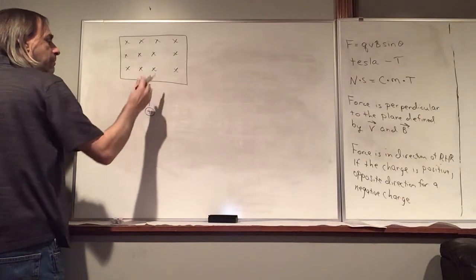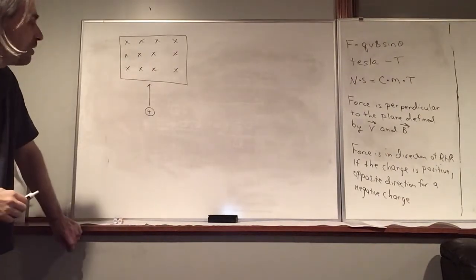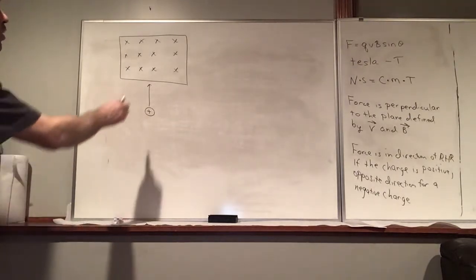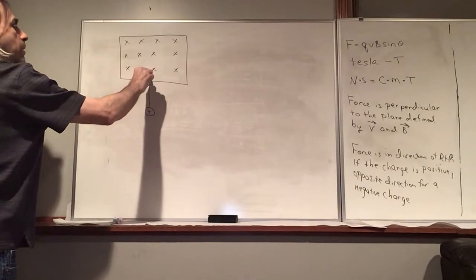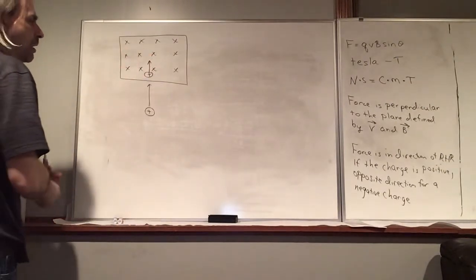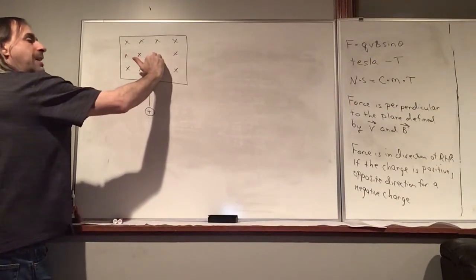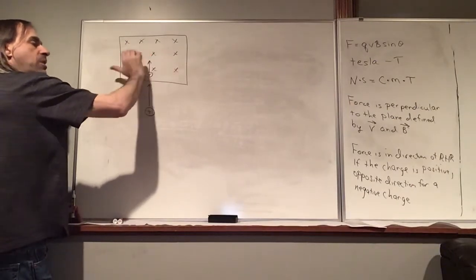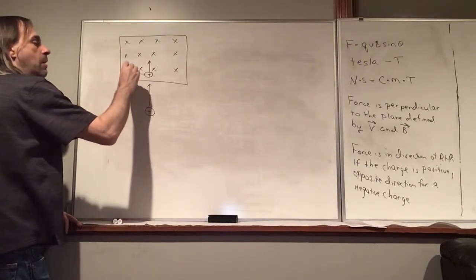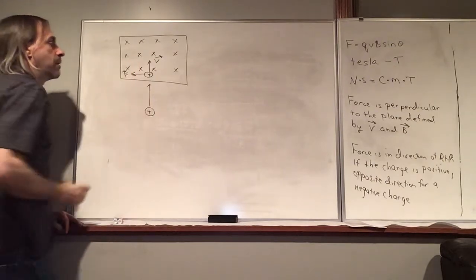We fire it, so it's going to move and it's going to enter this region with a magnetic field. And once it enters, we can say its velocity is in this direction. Again, velocity, curl into the board. It's a positive charge, so the force is going to be in the direction given by the right-hand rule. So here our velocity and our force are perpendicular to each other.